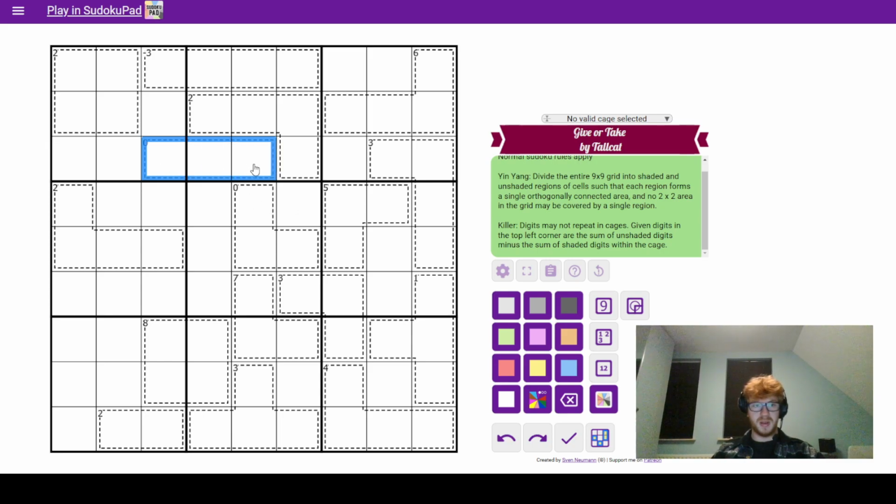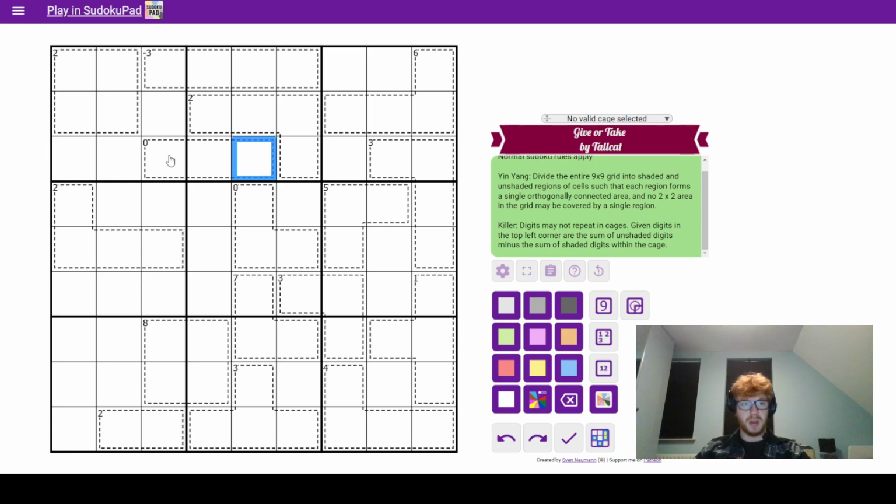I saw the zero cage and I thought it was interesting because it doesn't tell you much, but since it's two cells and one cell, those two and that one have to add up to the same total.